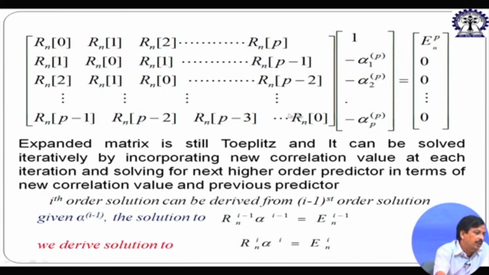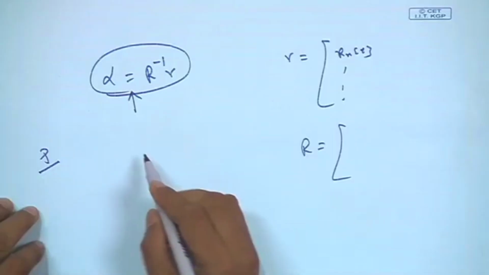Now, if I want to solve this matrix, I can use the Levinson recursion, which means the ith order solution can be derived from the (i minus 1)th order solution. Suppose p is the order of the predictor, the number of predictions I want.